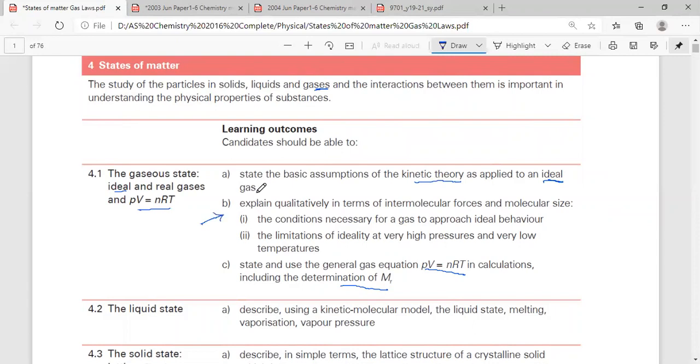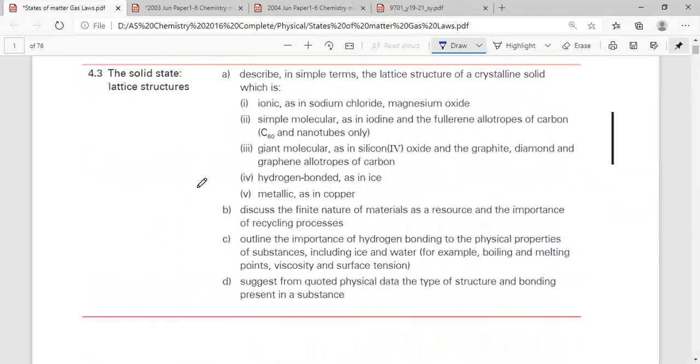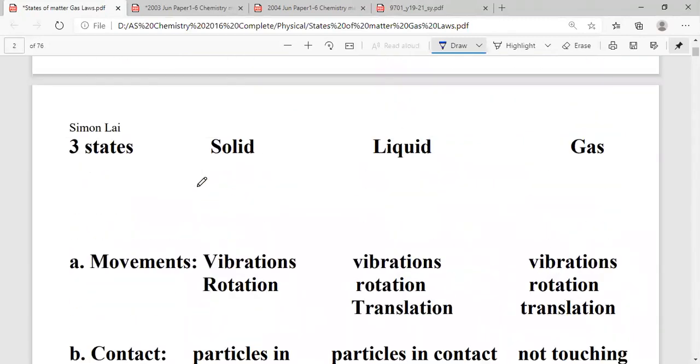Okay, basic assumptions of kinetic theory, right? And in Form 5, we did actually cover this kinetic theory. Kinetic theory talks about particles, and particles of elements and molecules are the same. Elements means they all contain the same type of substance like sodium, potassium, calcium, oxygen. If it is for compounds, they talk about things like copper oxide or copper carbonate.